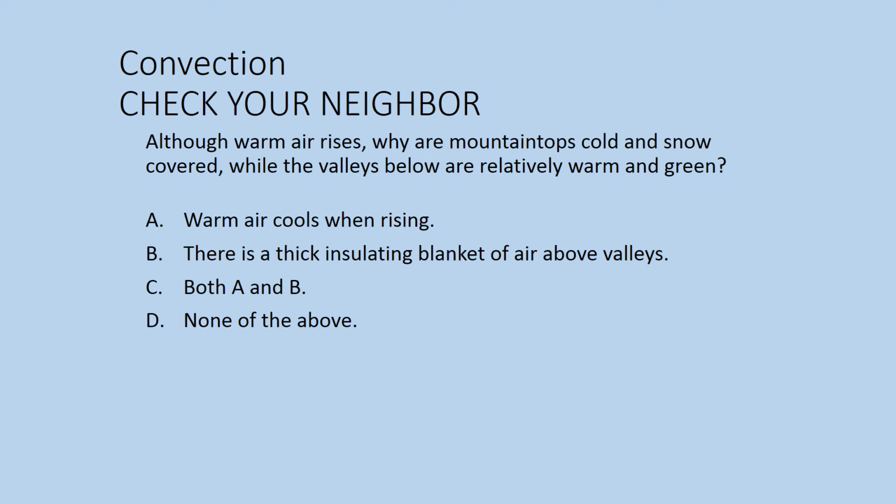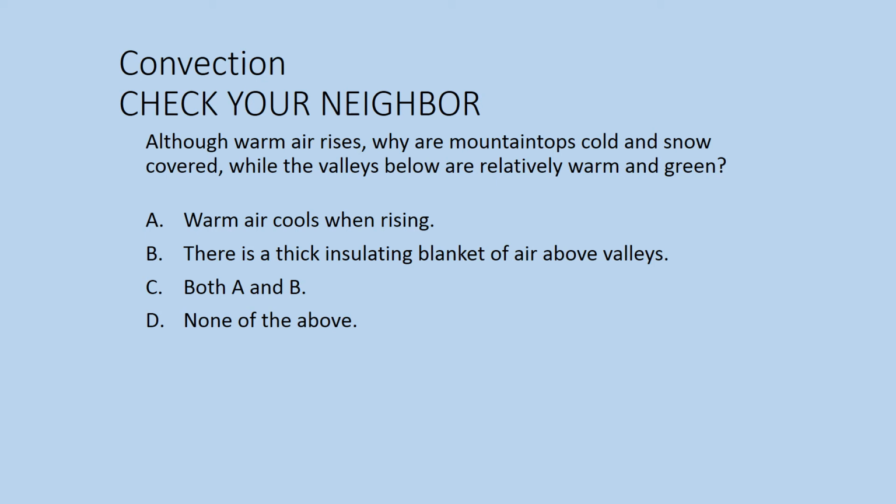So the question arises: if the warm air is rising, then why do the mountaintops stay cold with their snow cover, while the valleys below are relatively warm and green? In other words, why doesn't that warm air cause the snow on the mountaintops to melt, since that warm air rises?